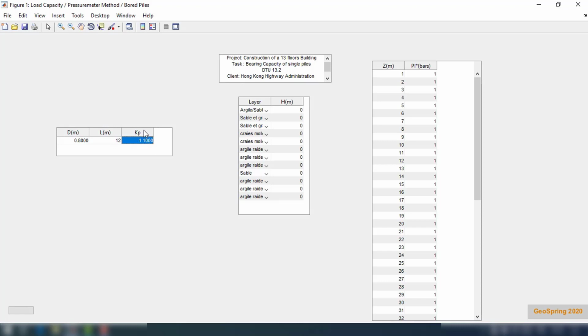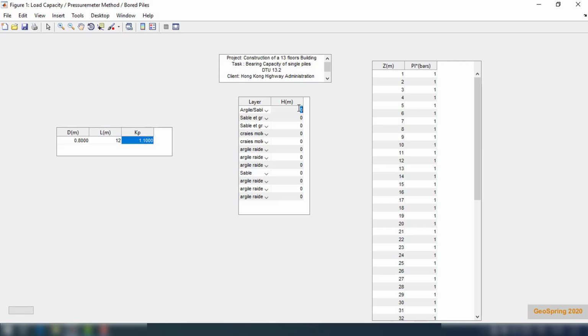So the bearing factor Kp depends on the pile execution process. When we have a compaction task or a driving task, the value of Kp will be higher than 2, and when we don't have a driving process or compaction task, the value of Kp will always be lower than 1.6.